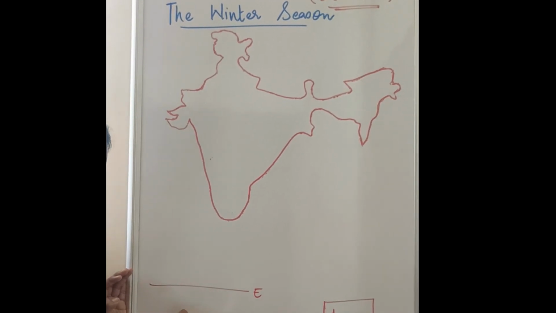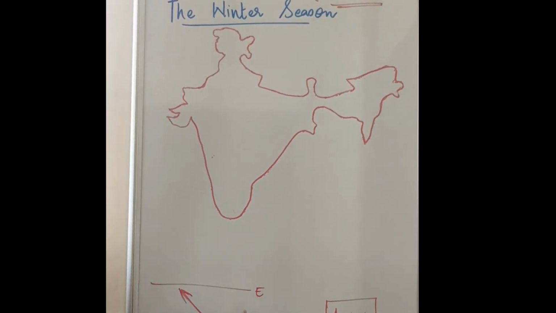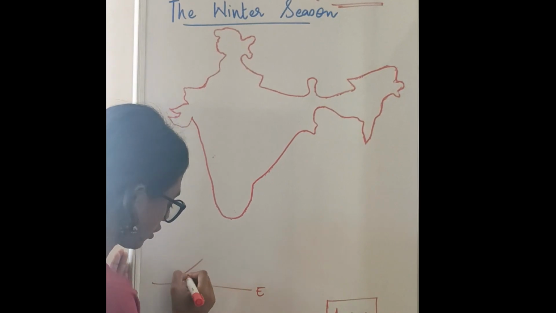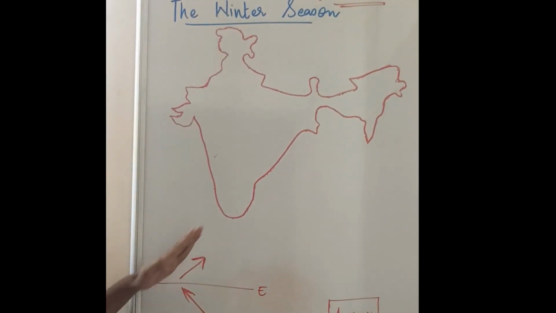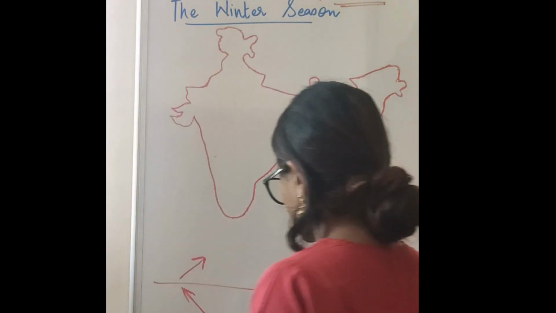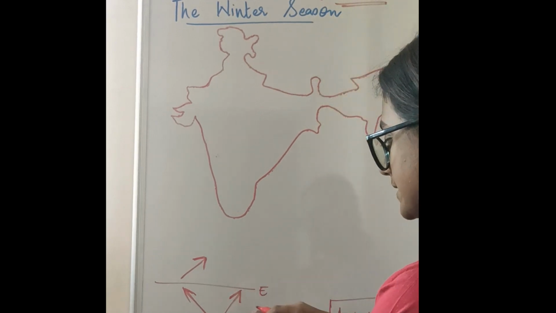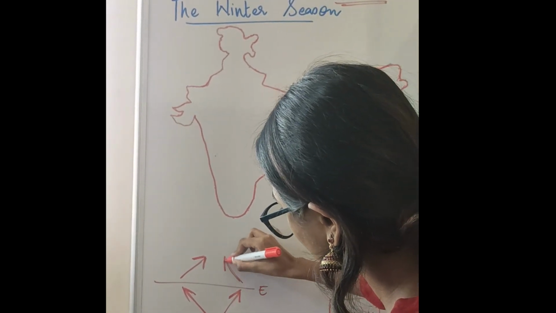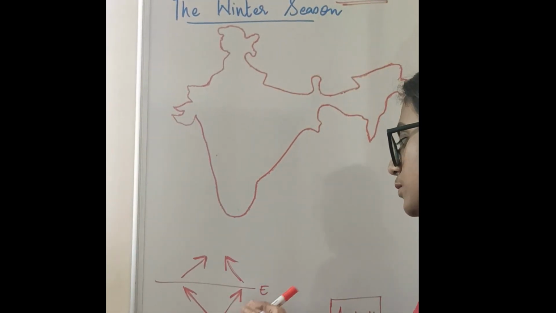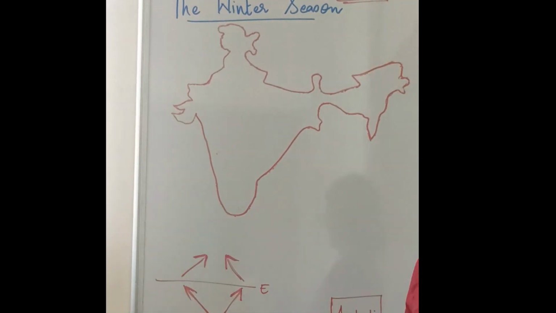The effect is, if the wind is blowing in this direction, this is west, right? So if it blows westward in the northern hemisphere, when it passes the equator, it blows towards the east. Similarly, if it's blowing towards the east, then as the winds pass through the equator, it moves the opposite way, towards the west. So east winds become west winds and west winds become east winds.